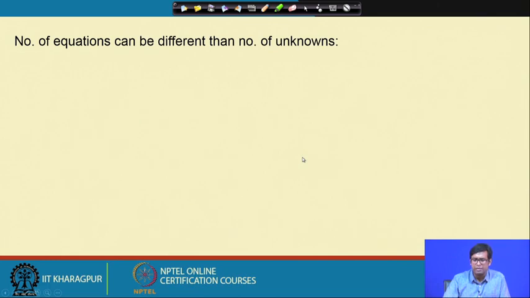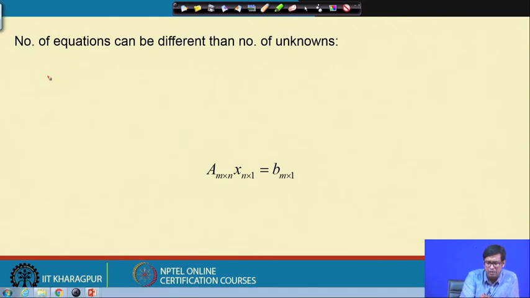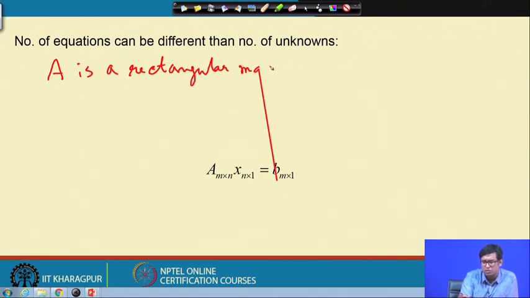Now, like the earlier example I wrote on the board, there are cases where the number of equations is different than the number of unknowns. In this case, A is a rectangular matrix, because the number of unknowns is not equal to the number of equations.